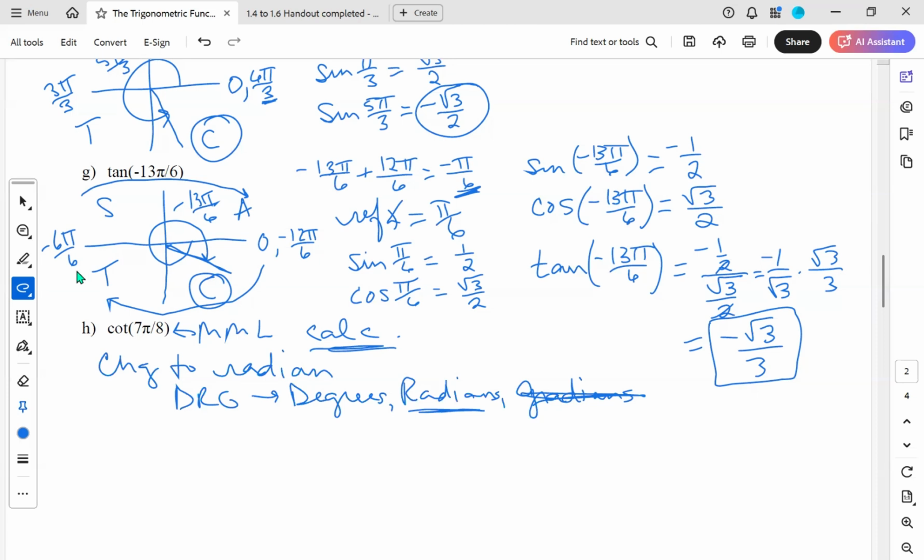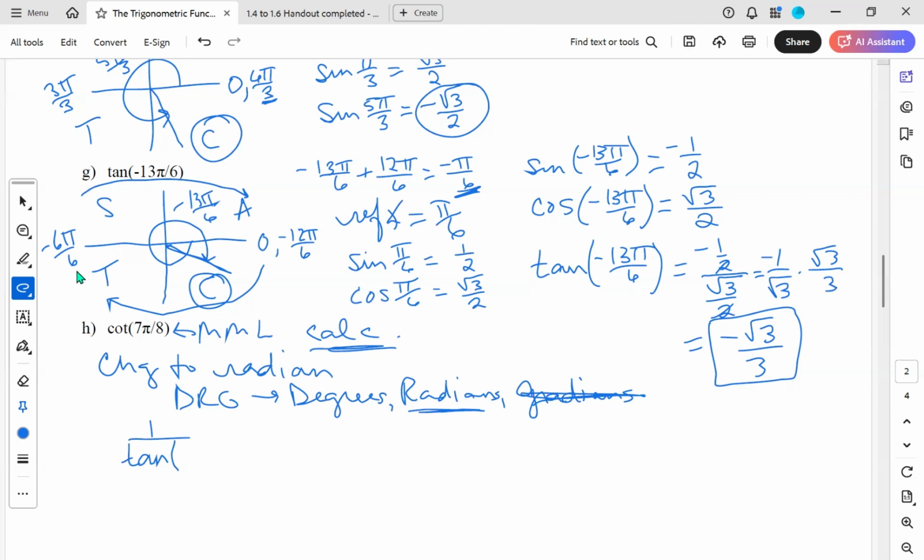Next, because your calculator only does sine, cosine, and tangent, you can either do this as cosine over sine, or you can do this as 1 over tangent. I like to use the least amount of trig functions as possible when working on the calculator. So what I'm going to do is 1 over the tangent and then parenthesis. It might pop up a parenthesis.